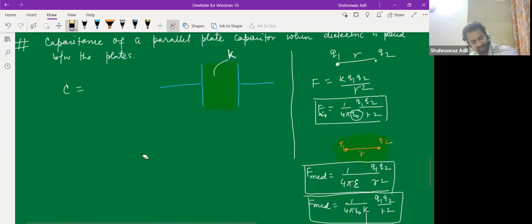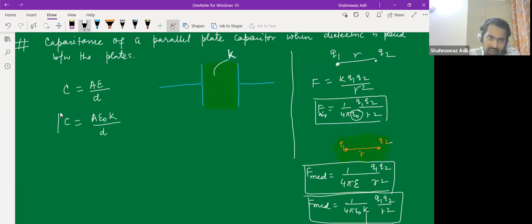You can directly tell me the answer. So this epsilon naught will be replaced with epsilon, right? So then this is A epsilon naught K by D. This is the capacitance of a parallel plate capacitor when the dielectric is placed between it. Right? Clear, guys? Yes, sir.